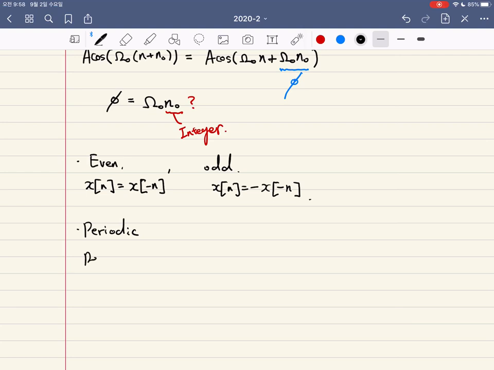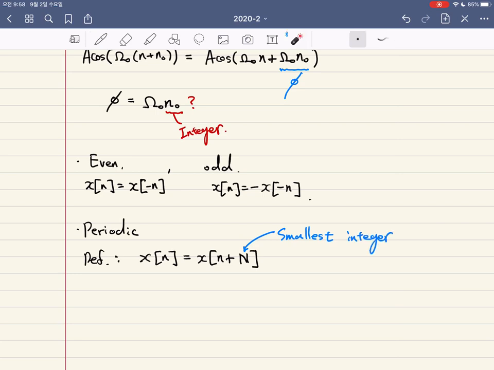The definition was: x[n] should be repeated over n plus large N, where large N should be the smallest integer for the period to be defined.